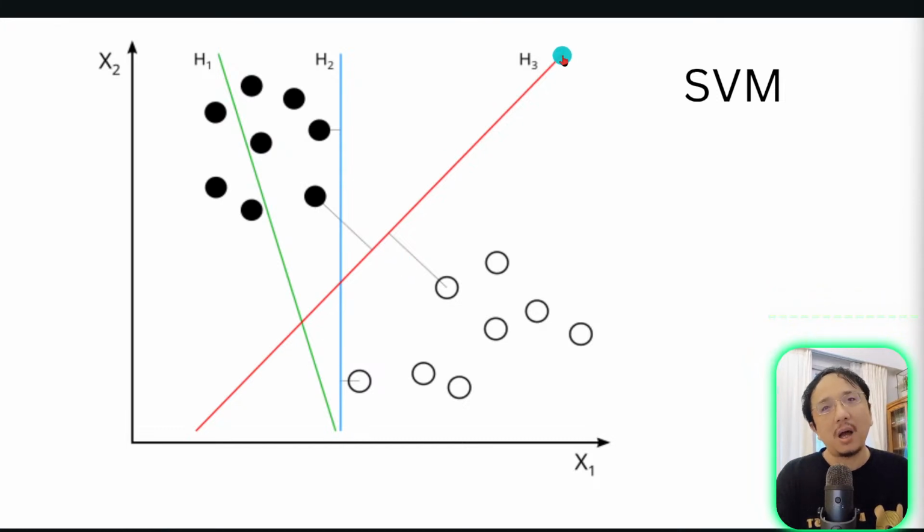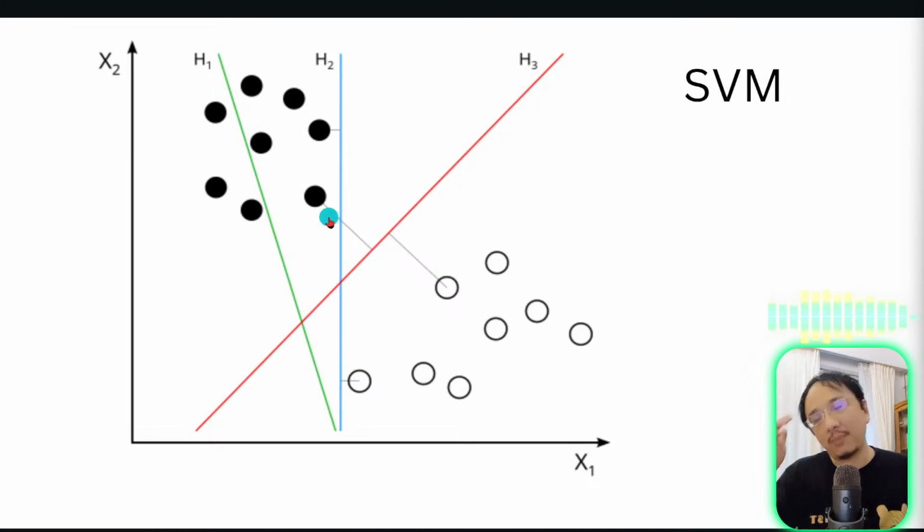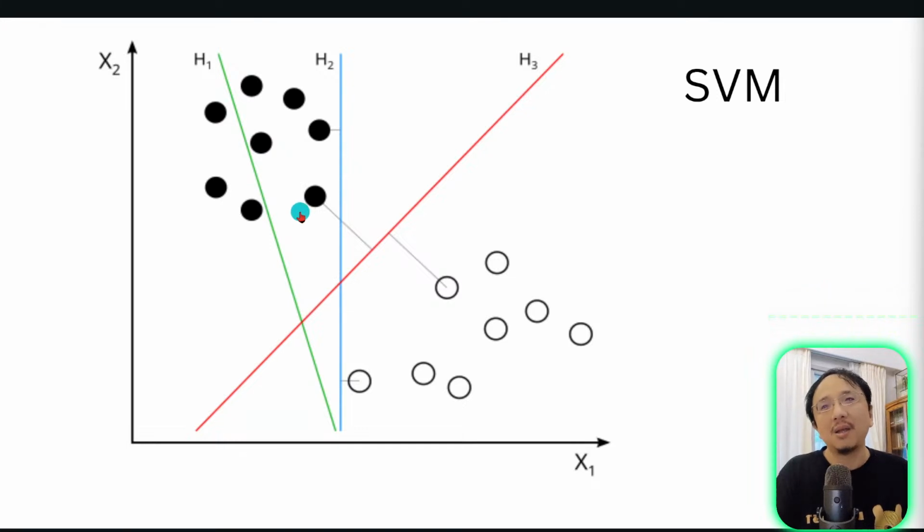So not only do we find a straight line that separates these two classes, but also the nearest sample, in black or white, to this straight line is as far as possible. Then that is the best straight line we wish to find.